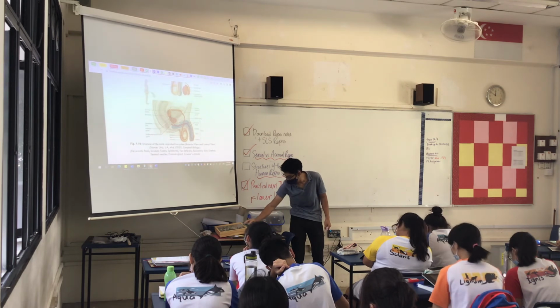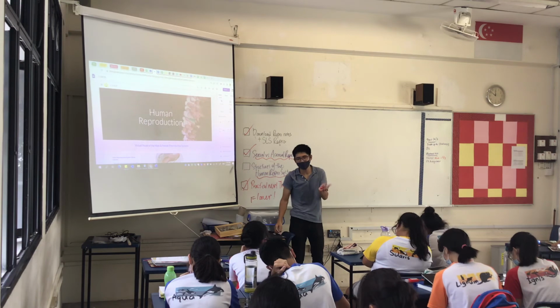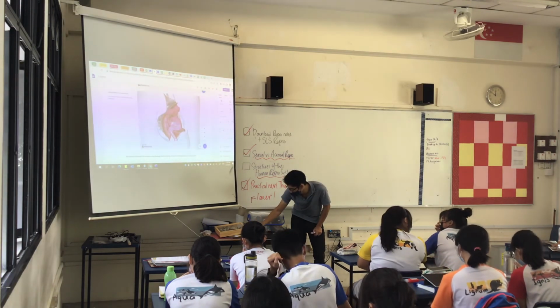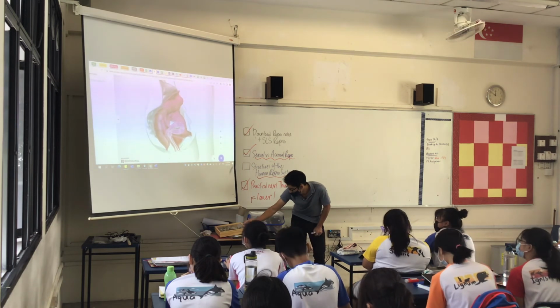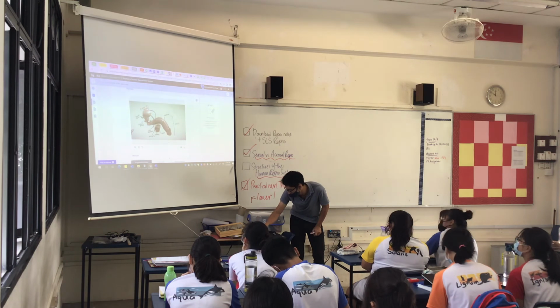Let's look at the female reproductive system. Although there seem to be fewer parts when we look at it, here I have the cross section, and we'll look at some of the labels provided by your friends.